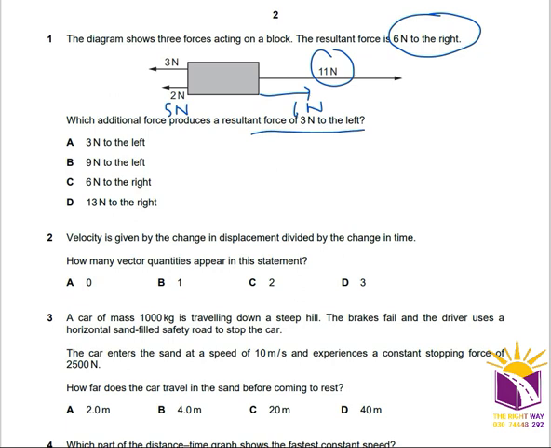So 6 on this side and 3 more on this side. So 6 plus 3 will be equal to 9 Newton. So we have to use 9 Newton on the left side to make a resultant of 3 Newton to the left. So our answer B is the right option, 9 Newton to the left.